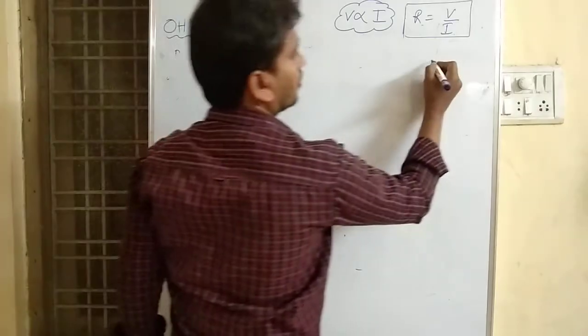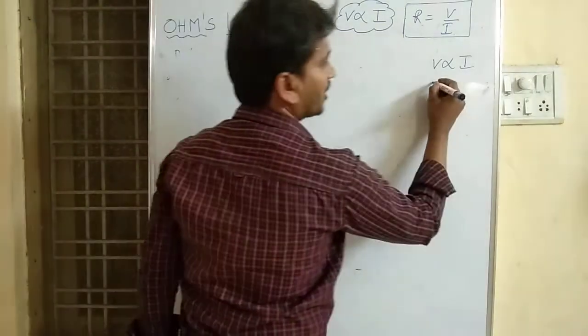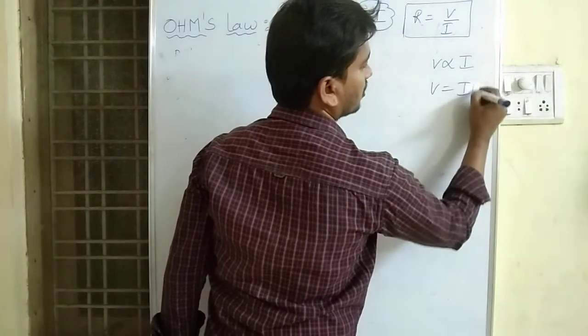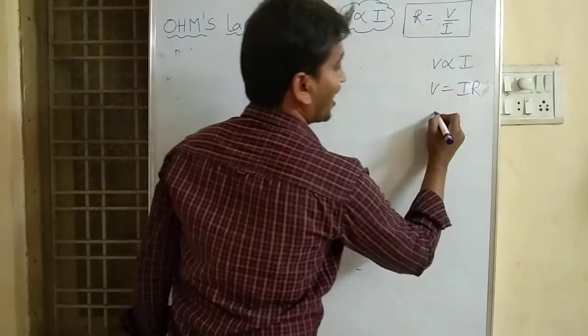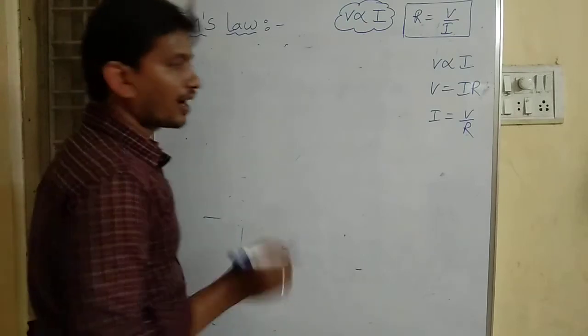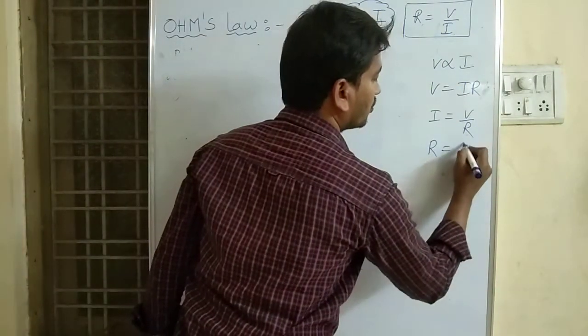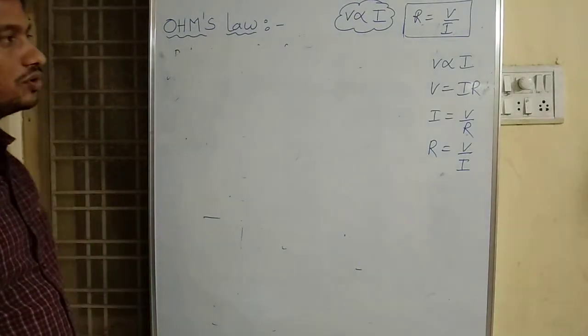As we know, V is directly proportional to I, so we can write V equal to IR, I equal to V by R, and R equal to V by I.